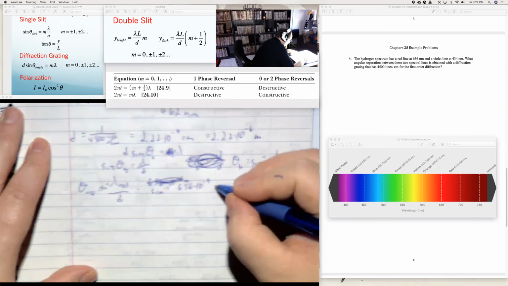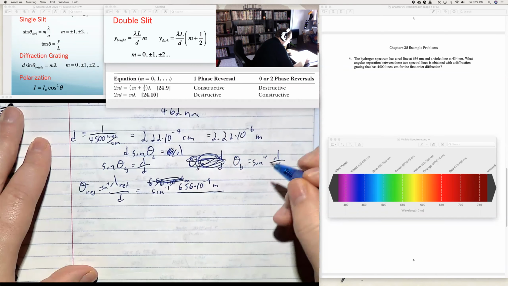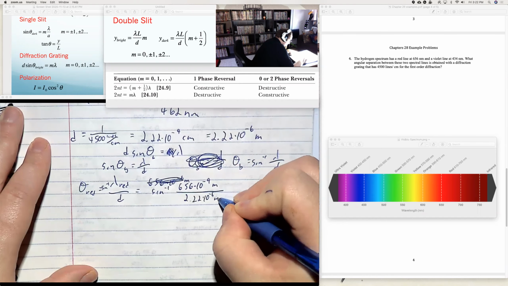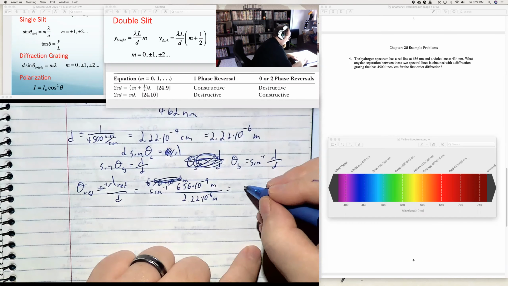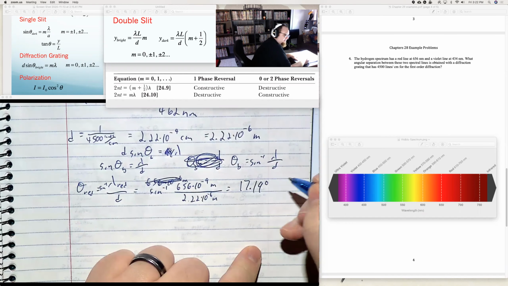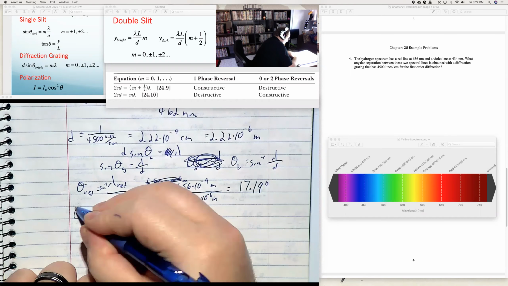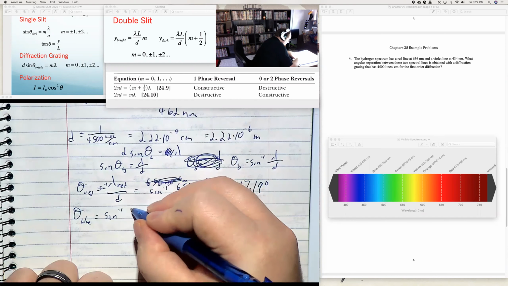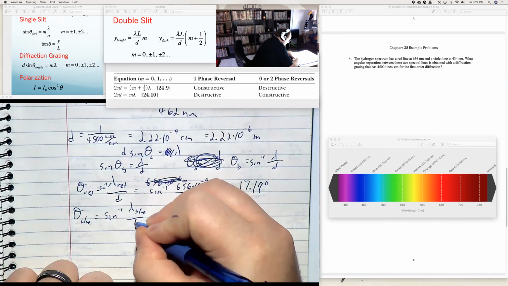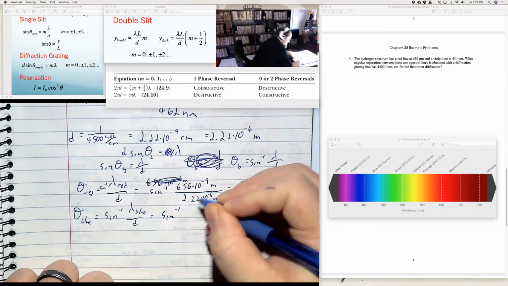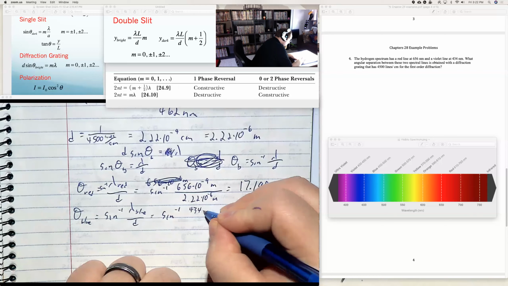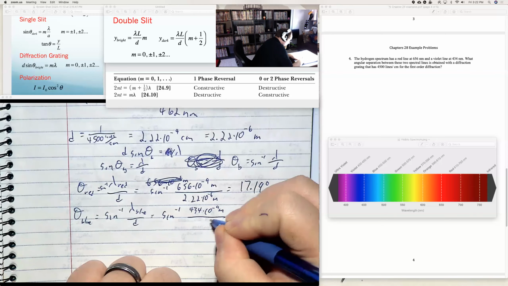So 656 times 10 to the negative 9 meters over d, which was 2.22 times 10 to the negative 6 meters. I can take the inverse sine, 17.19 degrees. I'll then do theta blue or violet, the inverse sine of 434 times 10 to the negative 9 meters over 2.22 times 10 to the negative 6 meters.